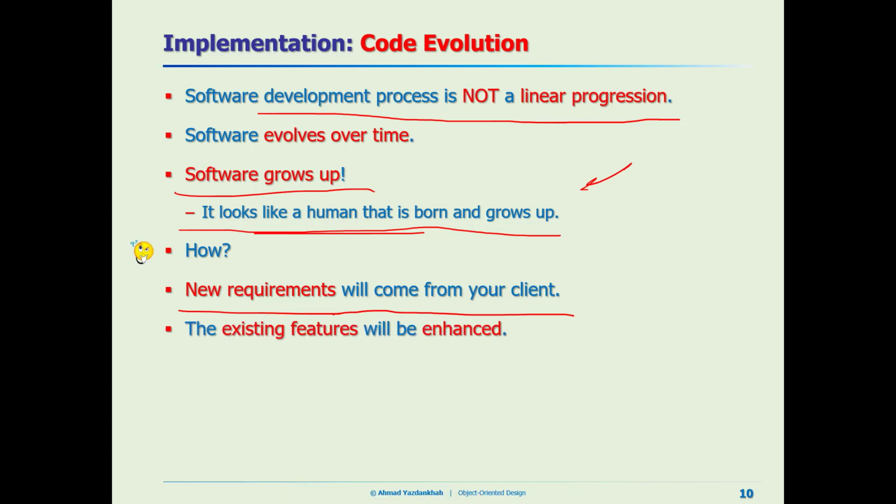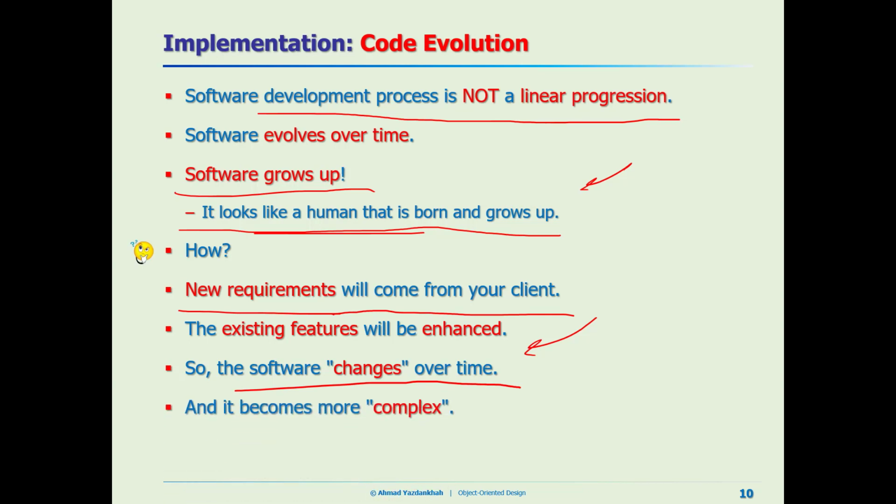Okay, so bottom line is the code is always changing, exactly like a human, right? Change is something unavoidable. And when the software is changing, it will become more complex.